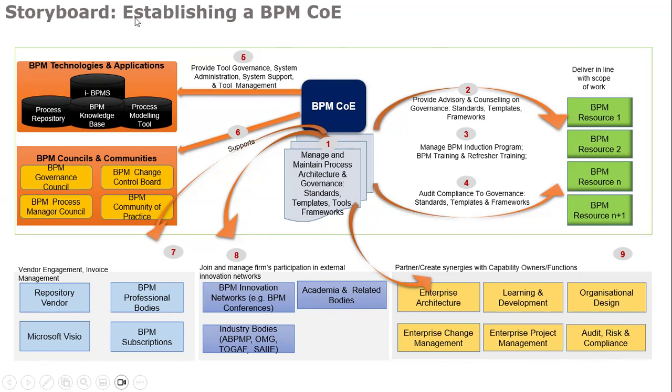So guys, in a nutshell, you can see here, to establish a BPM Center of Excellence is actually a lot of work. And this is something you would typically do in a very big organization. I think small to medium-sized organizations would have a very watered-down version of this, which is fine. As the organization scales, so will your BPM Center of Excellence.